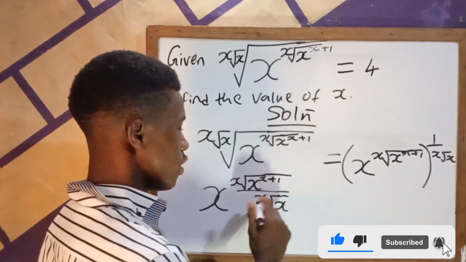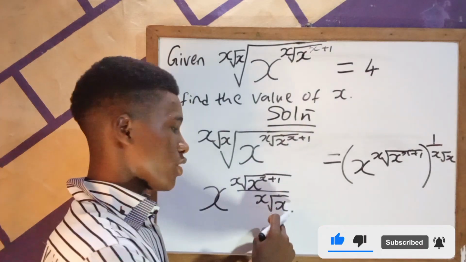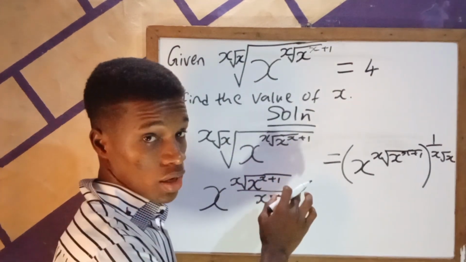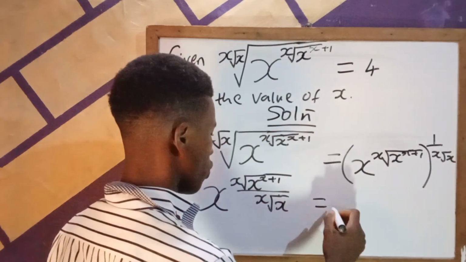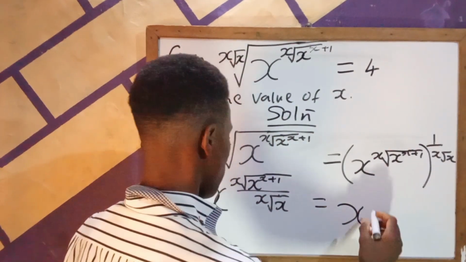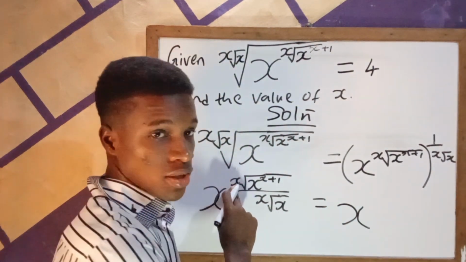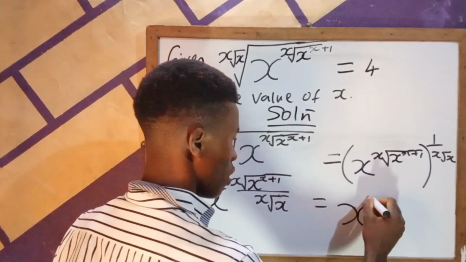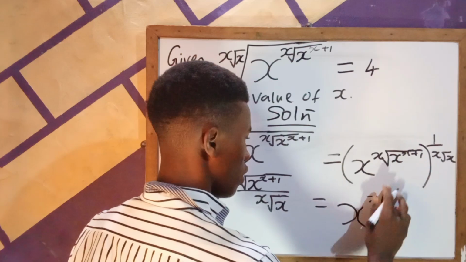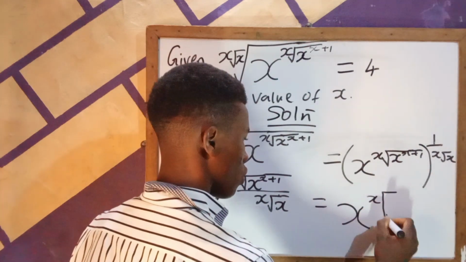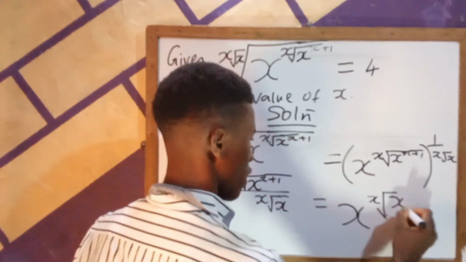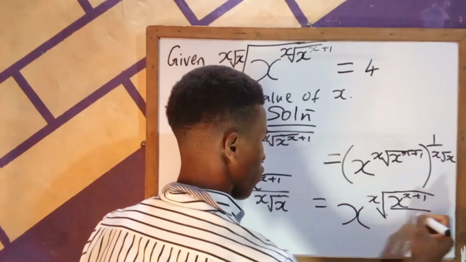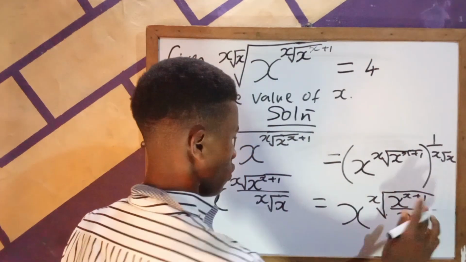Now this thing means the x root of x, and this means the x root of x raised to power x plus 1. So this is equal to x raised to power, because this is x root and this is also x root, so they are common root, so we write it this way as 1. That is the x root of x to the power of x plus 1 over x, over x alone.